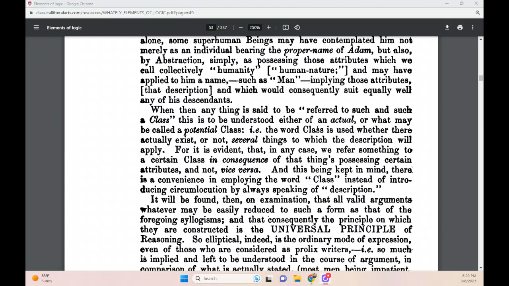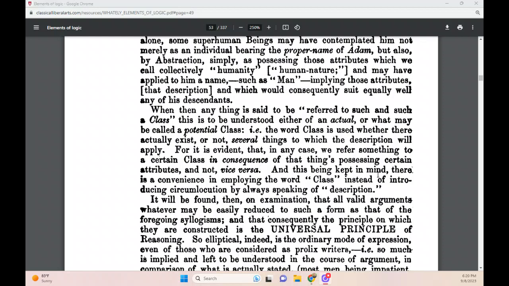So he's making a difference between an actual class and a class that might exist, a potential class. For it is evident that in any case we refer something to a certain class in consequence of that thing's possessing certain attributes, not vice versa.